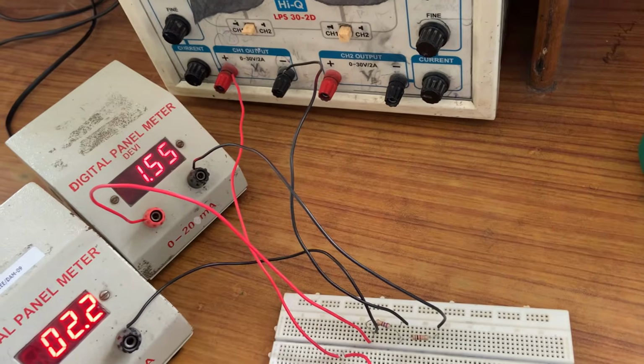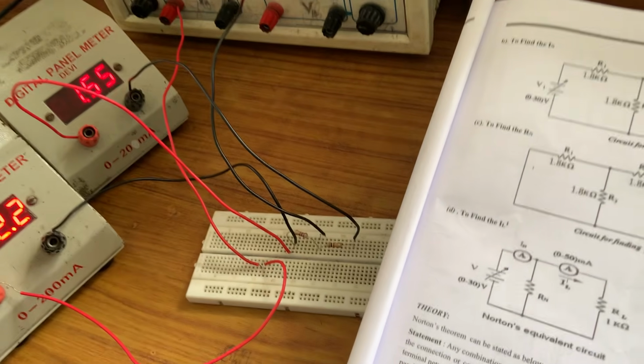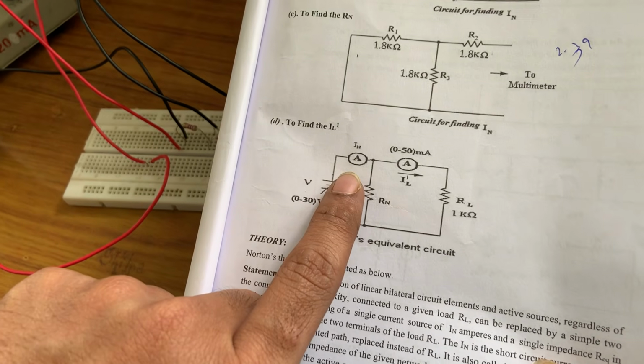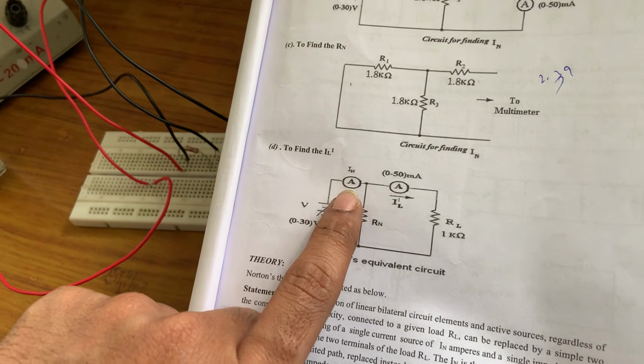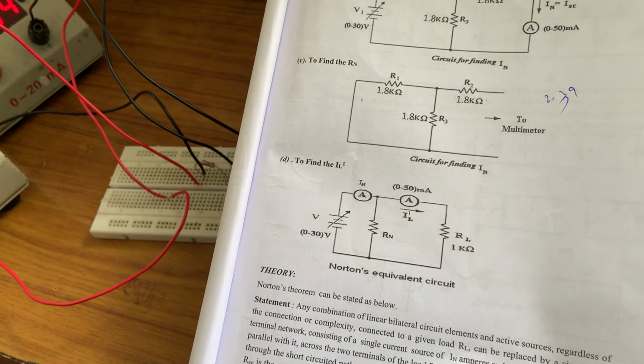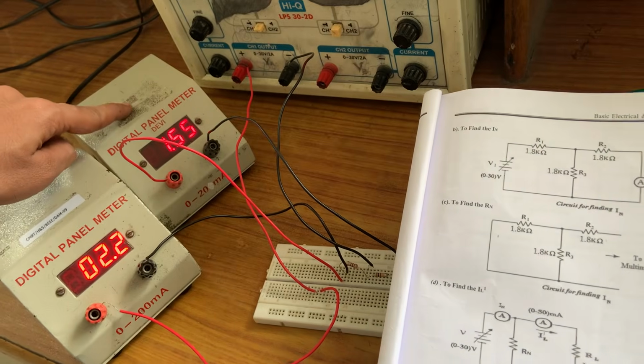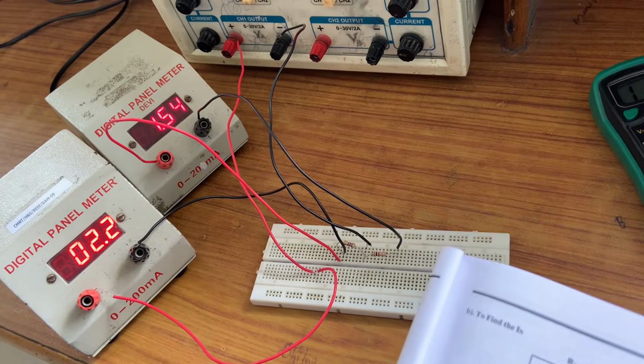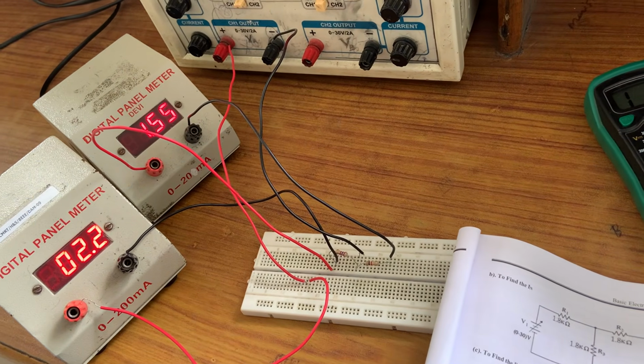Here we need to apply the current as 2.2, because we need to apply the Norton's current. 2.2 is applied. Then note down this value. It is 1.54. Now note down this value here, 1.54.